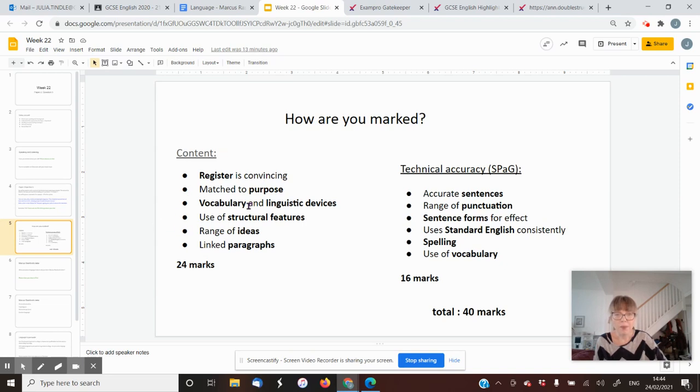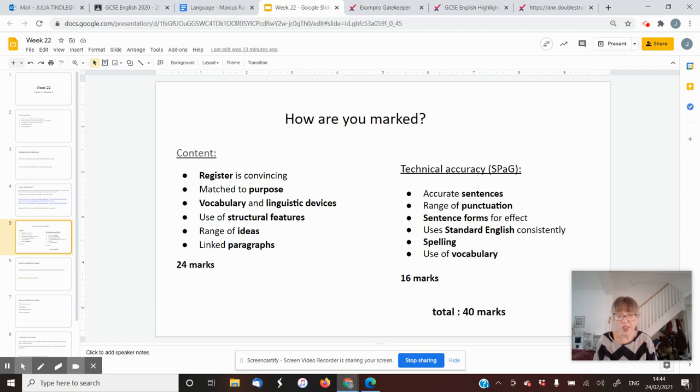Is it matched to purpose? Are you persuading your audience? Your use of vocabulary and linguistic devices. So are you using lots of language to persuade, essentially? Use of structural features. Are you using some of those structural features in your own writing? Have you got a good introduction and conclusion? Does it look like a letter, or does it look like an article?